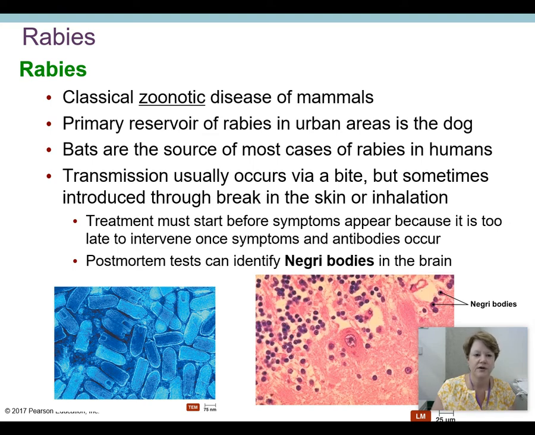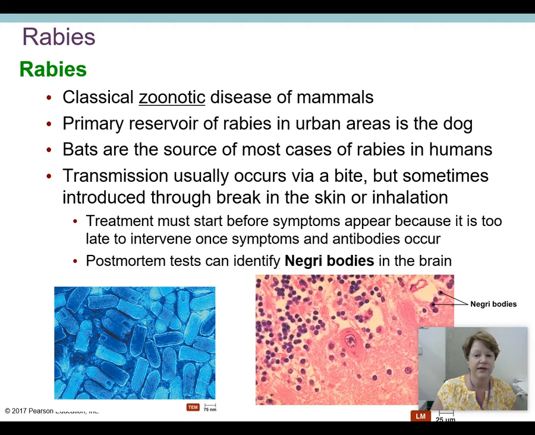So in urban areas, city areas, dogs can be a large reservoir, and that's typically where we think of rabies, but actually bats are the reservoir of most cases of rabies that infect humans. So, you could get bit by a dog that has rabies, but you could also be bit by a bat.